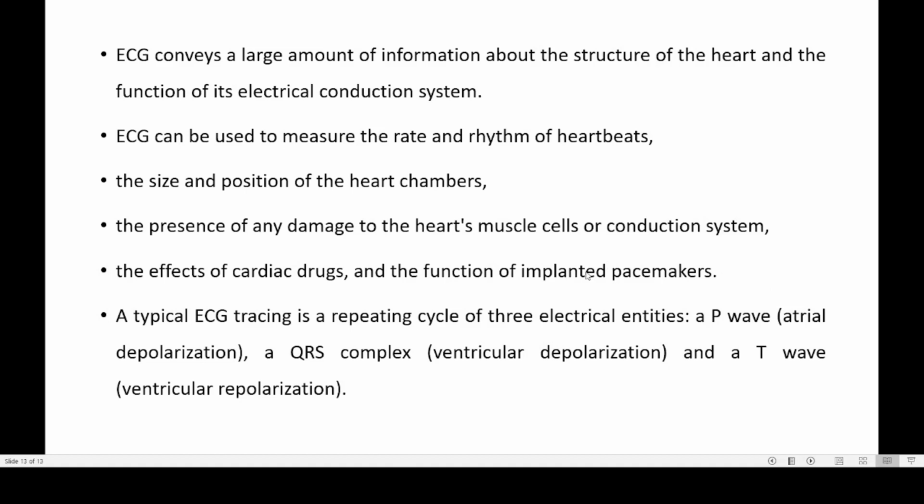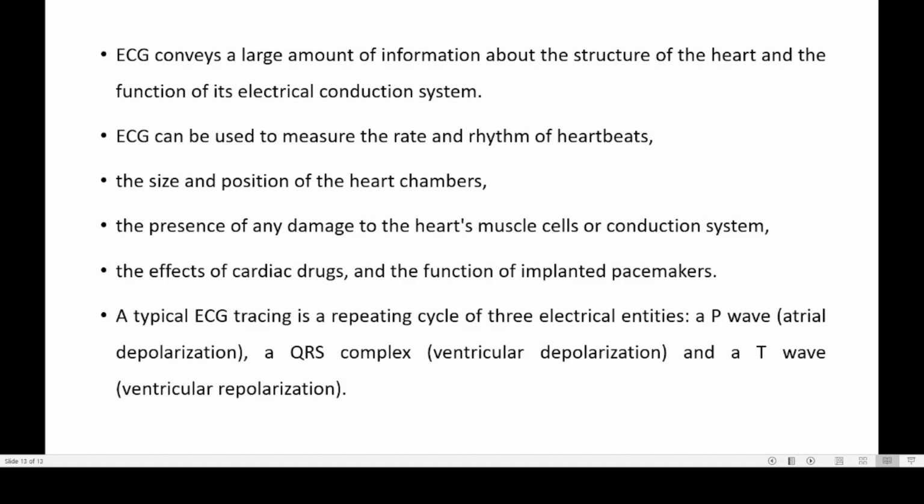Implanted pacemakers are usually placed inside your skin, but not in the heart muscle. It is usually placed on the shoulder portion, and using a wire it will be connected to the heart chamber. And how these pacemakers are working properly, all this can be measured using the ECG.